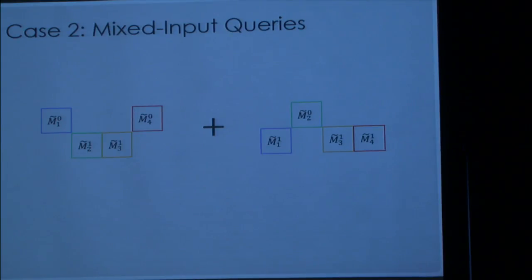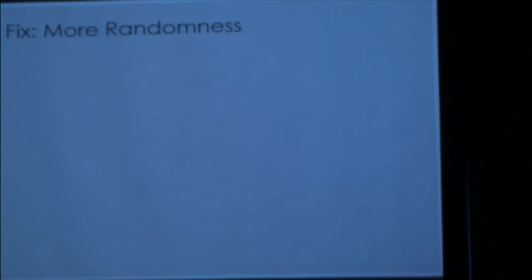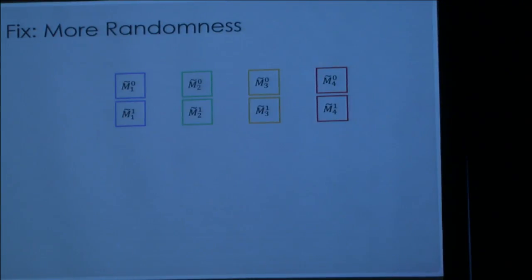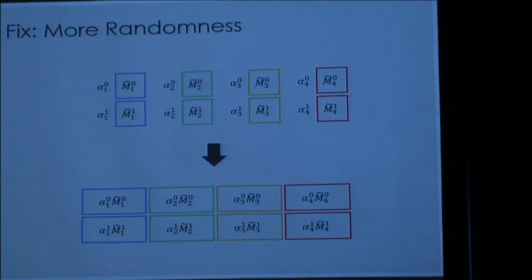So now we need to change the construction a little bit, by introducing some more randomization. We take the matrices of the branching program that's already been randomized once, and we multiply every matrix with a random non-zero scalar, alpha, from the field. Unlike before, we don't use the same randomness for the top row and the bottom row.